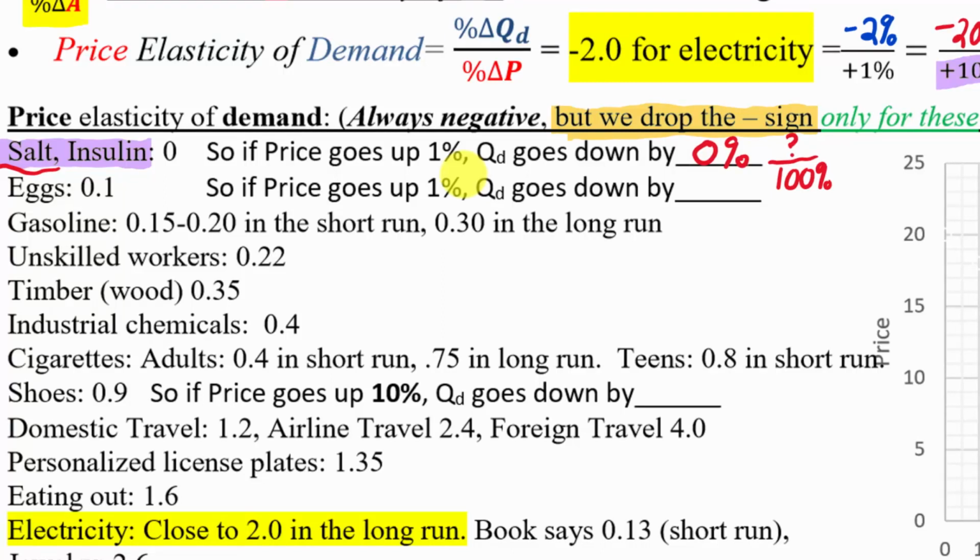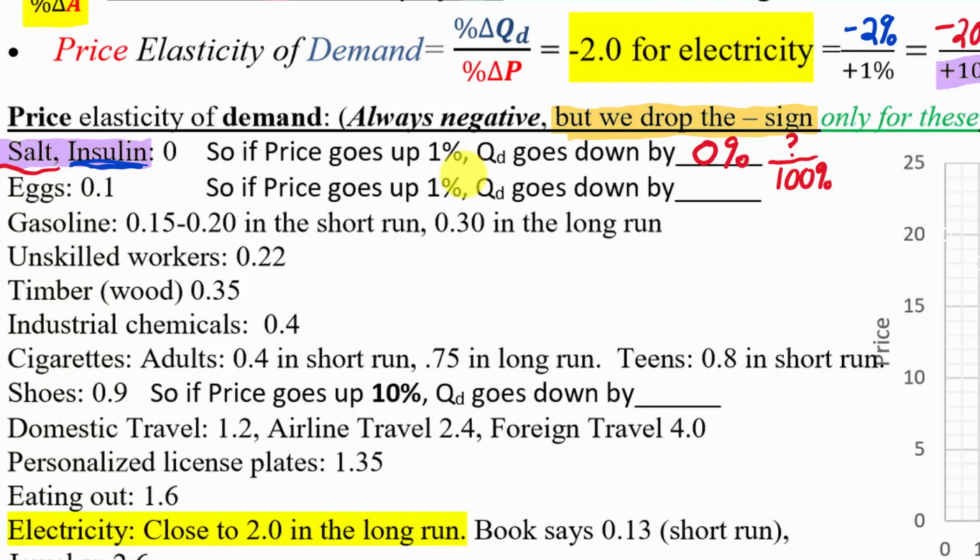You spend probably less than $1 a year on these kinds of items most of the time. What about insulin, though? Insulin is not all that cheap, but still, I would argue that the elasticity is going to be pretty close to zero. If you're a diabetic, you're going to have to take a certain amount of insulin, however much your doctor says to take.